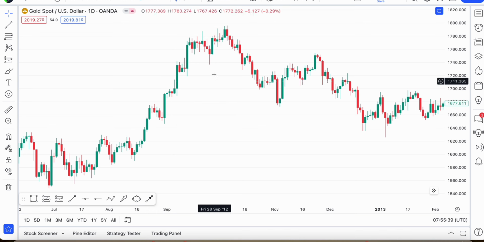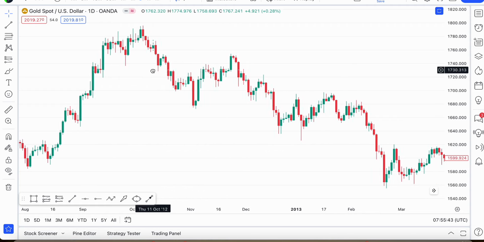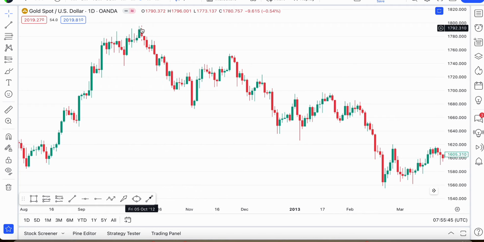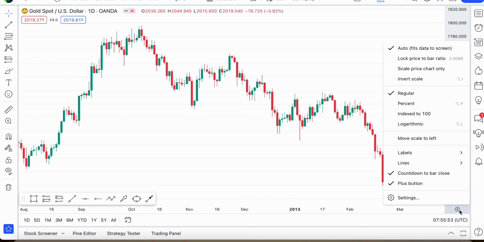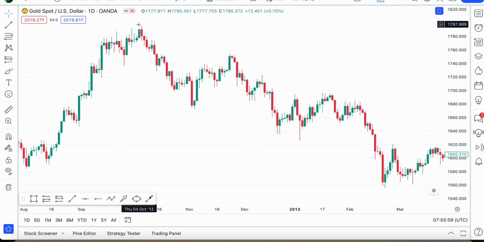Okay, October 2012. Okay, we started here. Okay, the visibility of that. Let me see, why is it auto lock price, let me use this, whether it will allow me. I need it to come back to this date instead of me scrolling back again.